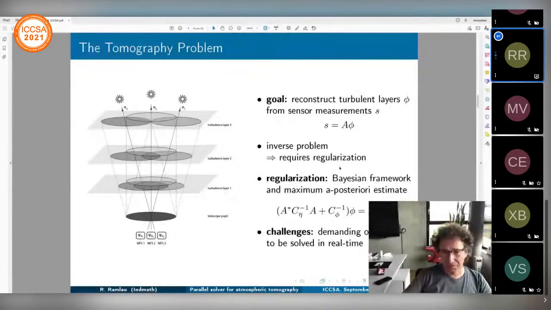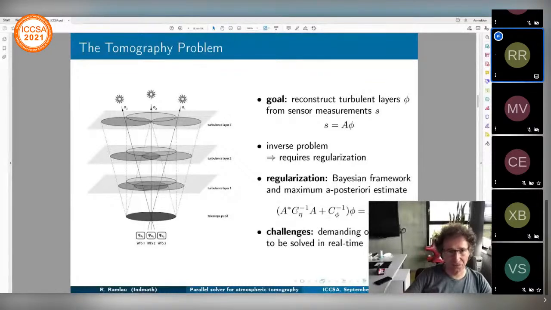We compute a maximum a posteriori estimate, given by this formula. More or less, it's Tikhonov with a covariance matrix representing the statistics of the atmosphere, and a noise covariance matrix for the measurements. The challenges are in particular that the operations are quite many, and we have to reconstruct in a very short time.